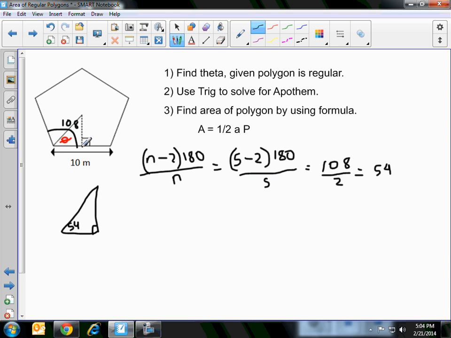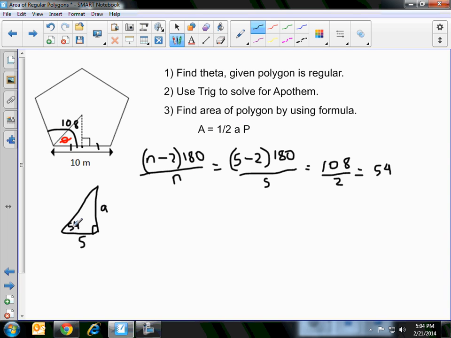This apothem always hits at the midpoint of the side. So that means this portion of my side and this portion of my side are both the same length. So 10 divided by 2 portions is 5. All right, so I am solving for my apothem, which is this lowercase a in my formula.